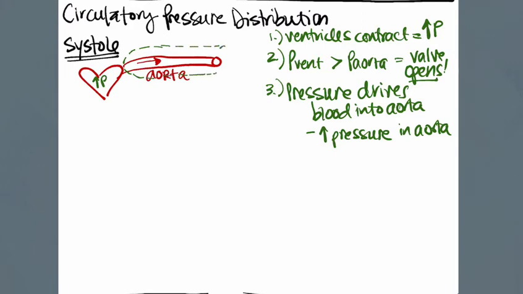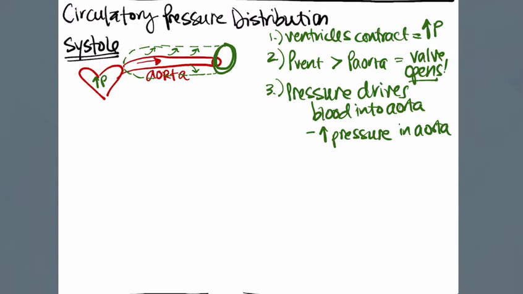I'm exaggerating this size change for purposes of the cartoon. But as the pressure rises, some of the energy that you generated in the ventricle is going to get absorbed into the elastic stretch in the walls of the vessel.